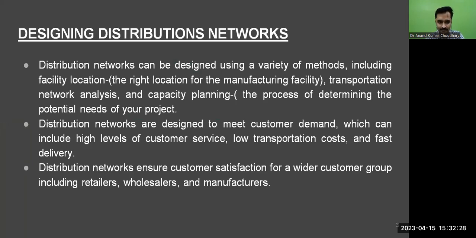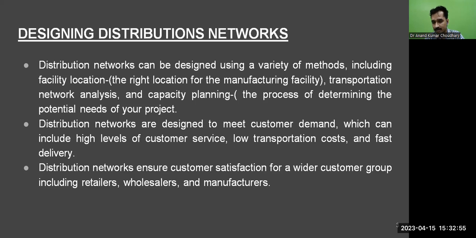The first slide says designing distribution network means what? Distribution network can be designed using a variety of methods. Facility location is a term which is used in distribution, the right location for the manufacturing facility.